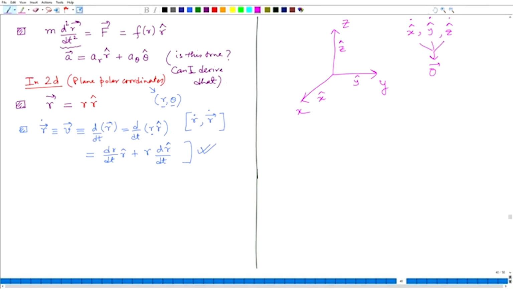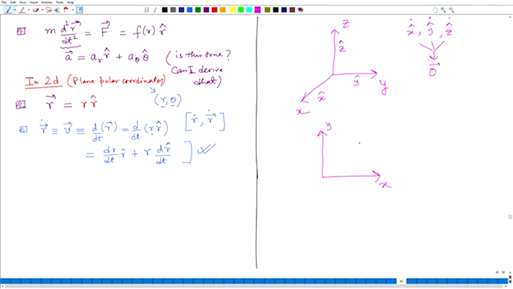But what happens in a plane polar coordinate system? You can also think of this in case of a spherical polar coordinate system, but for this lecture I am staying a little simpler and just doing this 2D plane polar coordinate. In 2D you have x and y and you have r and theta.